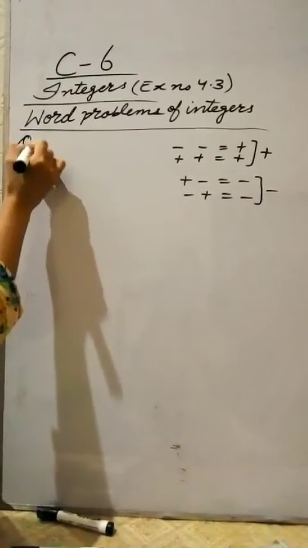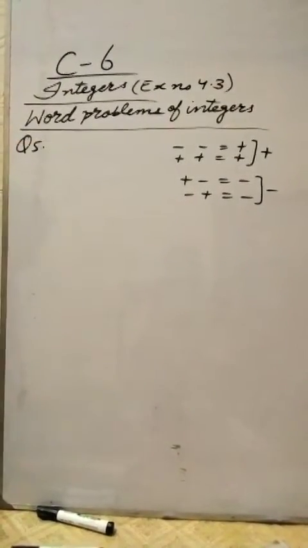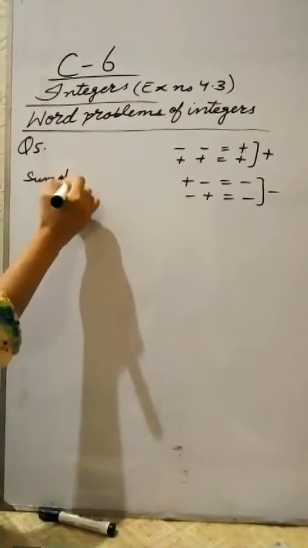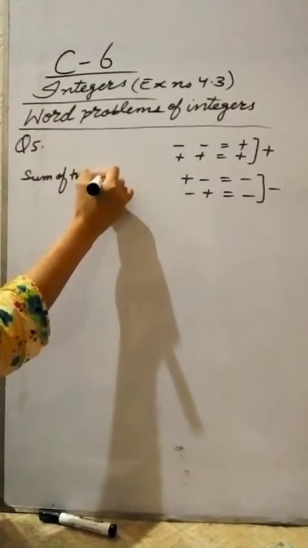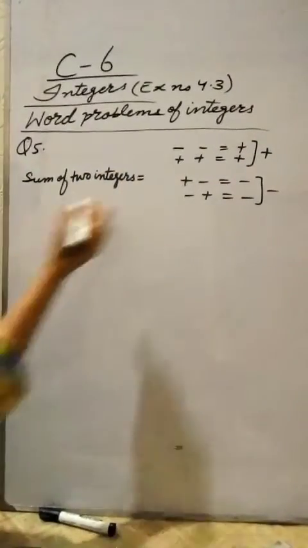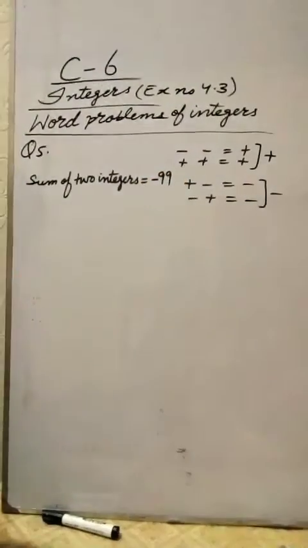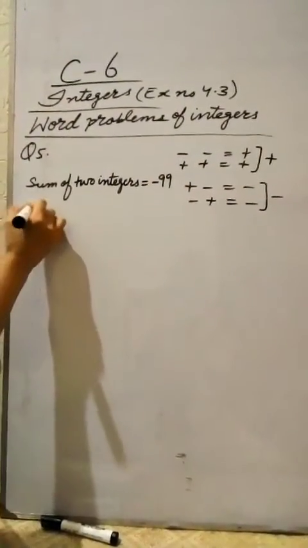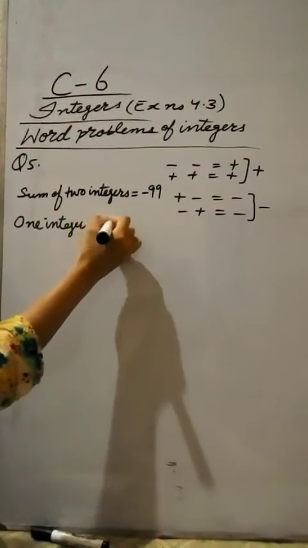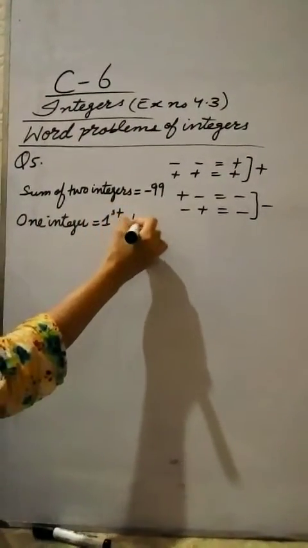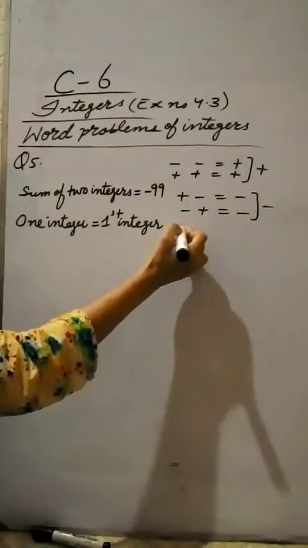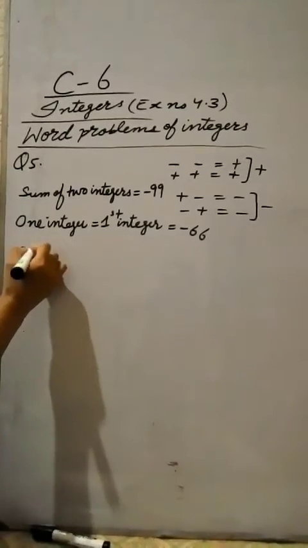Now question number 5. The sum of two integers equals minus 99. One integer, meaning the first integer, is minus 66. Find the other one.